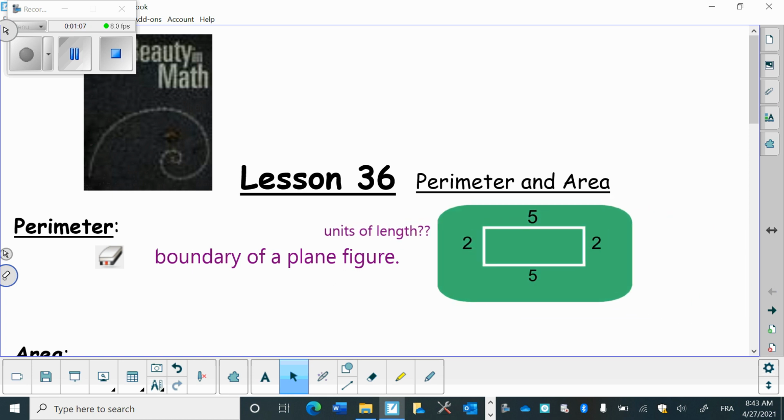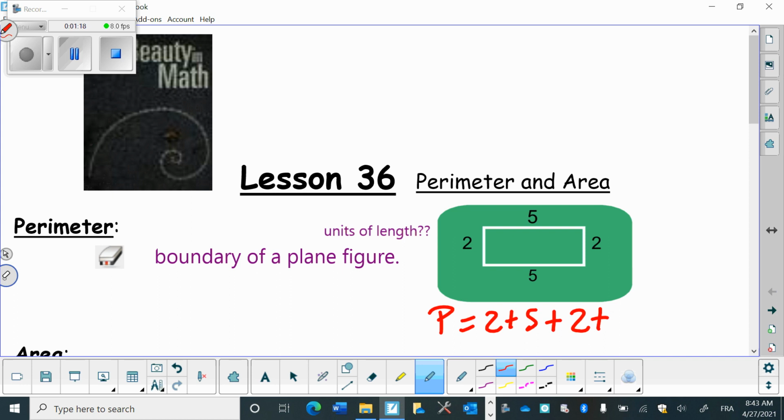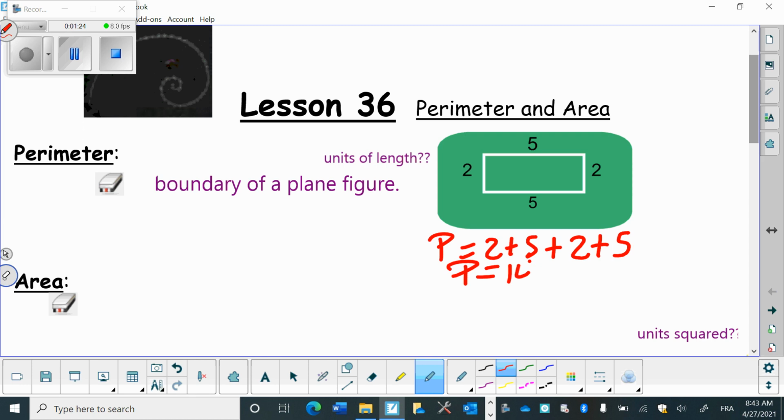For example, this one here, if I just want the perimeter, I'm just adding up all the sides. So 2 plus 5 plus 2 plus 5. It doesn't really matter what order you put it in. My perimeter would be 14. In this case, let's say it happened to be all in meters, so my final answer would be in meters for perimeter, adding up all the sides.